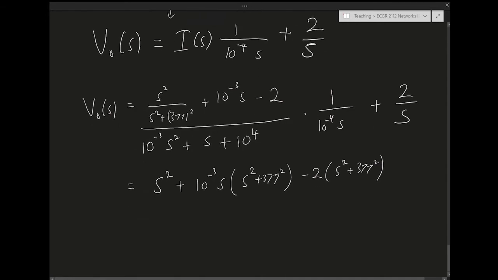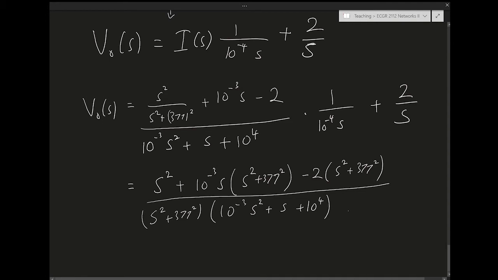Right, so I multiplied both the numerator and the denominator, so I'm going to have s squared plus 377 squared times the other polynomial, s squared plus s plus 10 to the power 4, right? And then this whole thing is multiplied by 10 to the minus 4 s plus 2 over s.